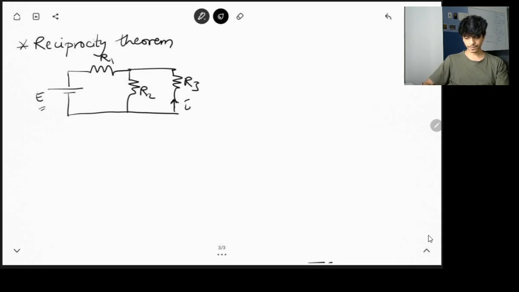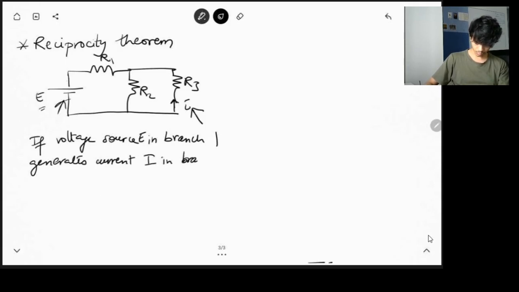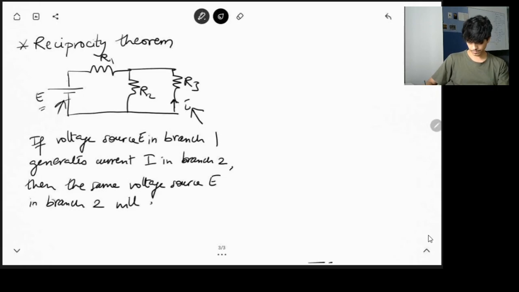So basically, instead of putting the voltage source over here, if I put the voltage source over here, then the current in this branch would be exactly the same current I. So if a voltage source E in branch 1 generates current I in branch 2, then the same voltage source E in branch 2 will generate the same current I in branch 1.